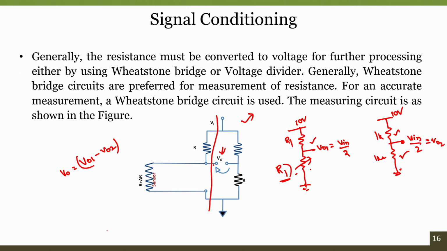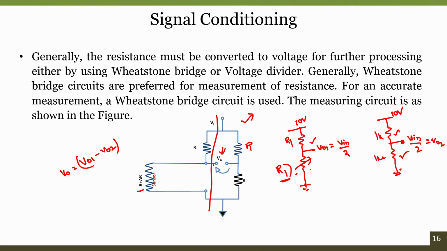But what is the advantage of going with a Wheatstone bridge circuit? One is that we are measuring the difference between the two terminals, and the selection of the resistances will provide an output voltage that does not have any offset, right. What I mean is, if all the other 3 resistances are the same as the base resistance of the sensor under no loading condition, the output voltage will always start from 0.